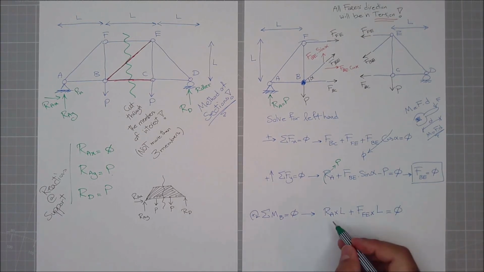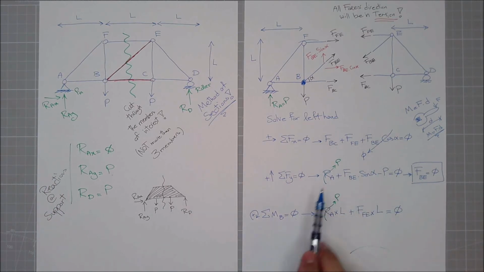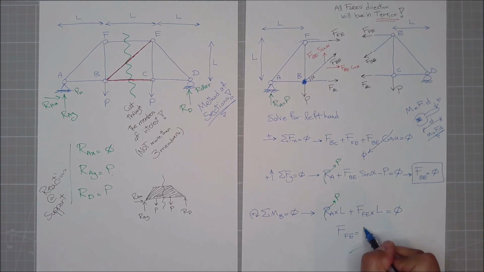Again, RA I have already calculated, this is P, similar to here. So can I conclude from this that FFE is equal to P, because this L with this L goes away, and this goes to the other side.